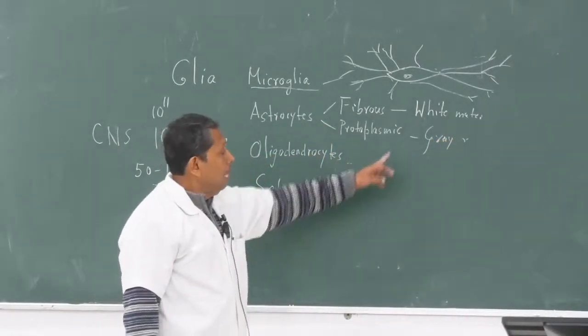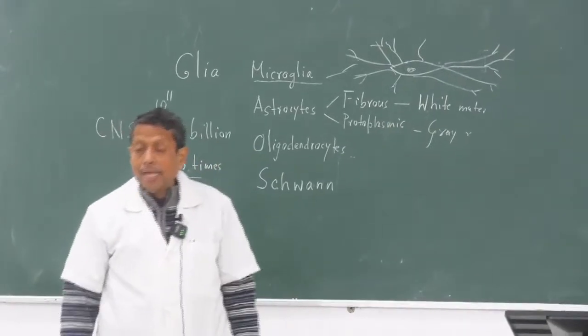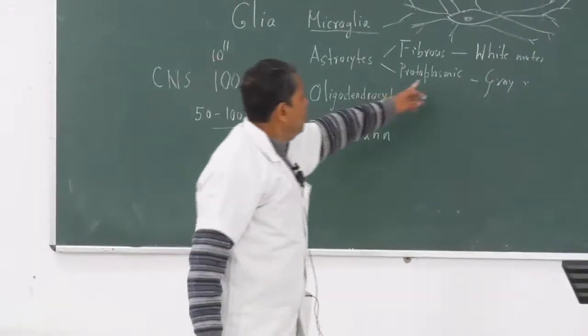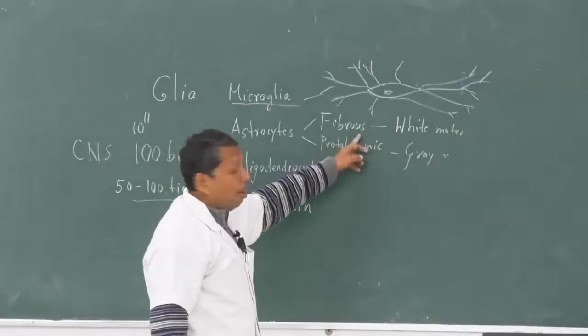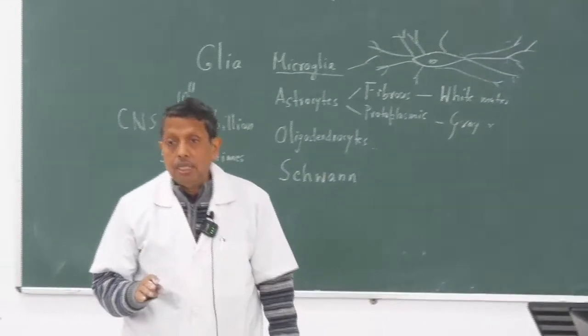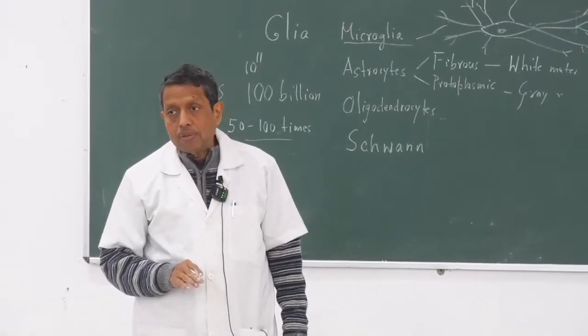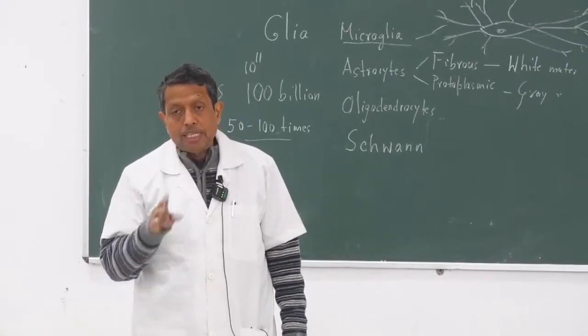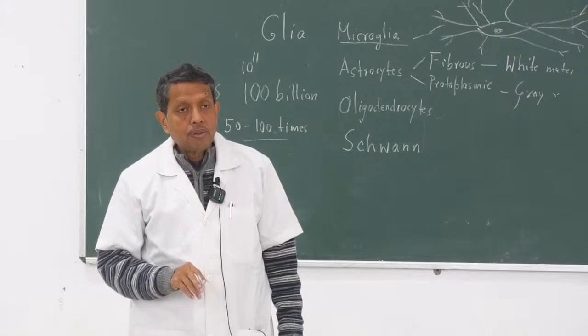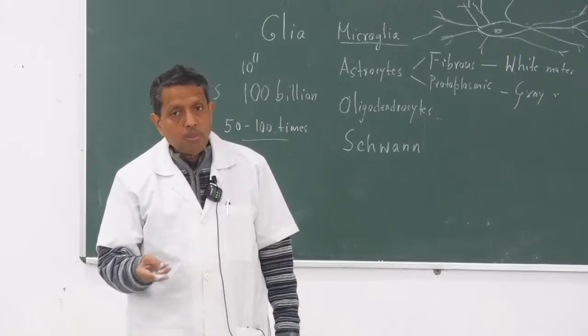In the white matter, the fibrous astrocytes contain a good number of intermediate filaments. You can remember the different types of filaments: microfilaments, intermediate filaments, then microtubules also.